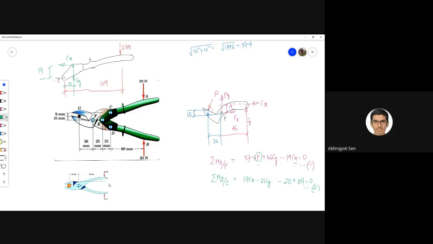Okay, sir, then in that case, from the free body diagram, the addition of the two Ex should be 0. So that argument is true everywhere.